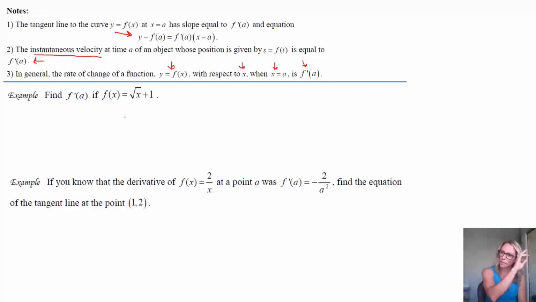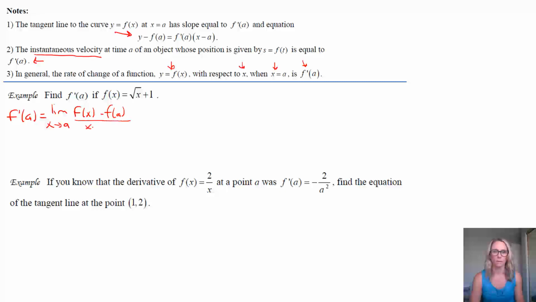And all this is asking us to do is take that definition, f prime of a equals the limit as x approaches a, and then we just need to do f of x minus f of a over x minus a. Now, here is a hint for you.